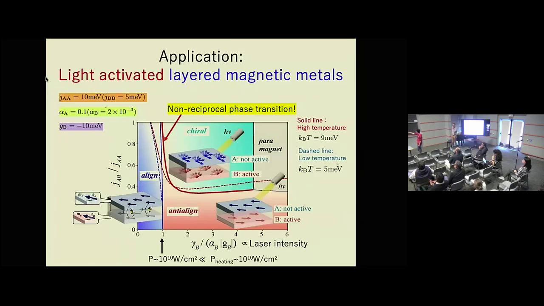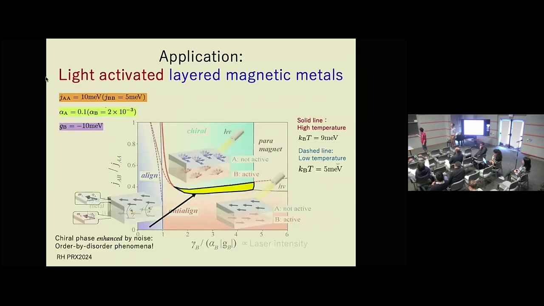It's two digits smaller than the similar experiment. We looked at the literature and saw that it takes about 10 to the power 10 or 10 to the power 11 watts per centimeter squared for the material to start heating up. So we believe that 10 to the power 8 is not so bad.